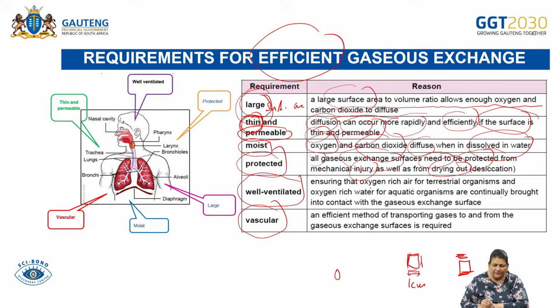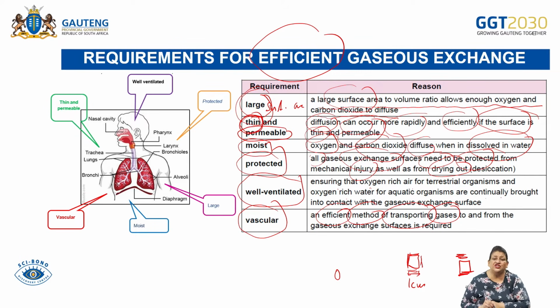Also, that surface area must be vascular. What does it mean? Vascular means there must be an efficient method to transport the oxygen from the surface. That means you must transport the oxygen from the lung, or from the gaseous exchange surface, to the cells, and then from the cells back to the gaseous exchange surface.